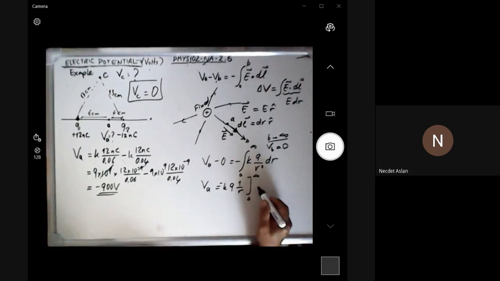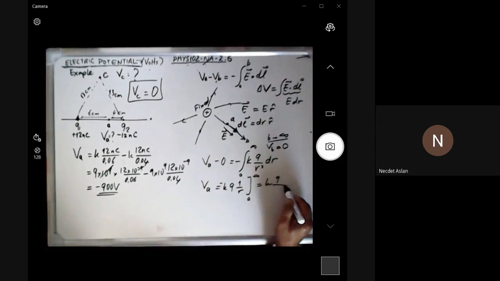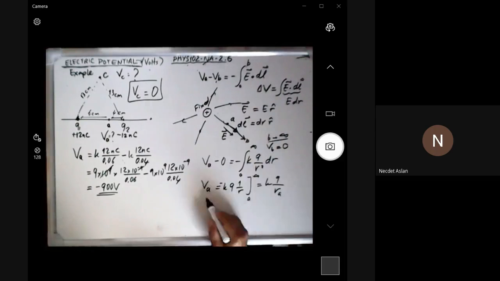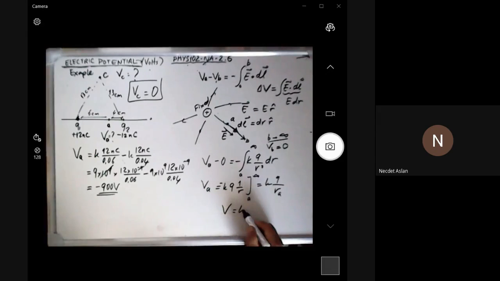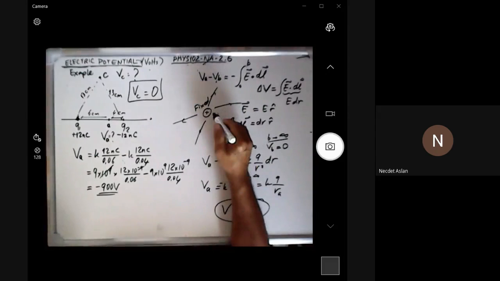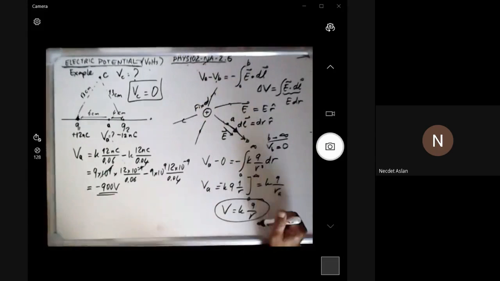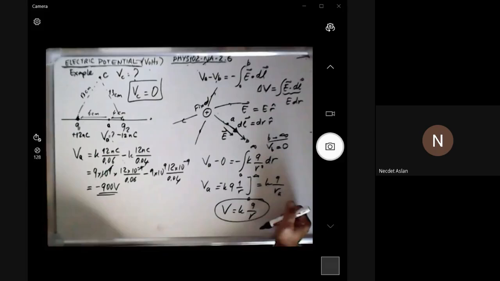But if we use infinity, 1 over infinity gives you 0, but the lower limit will give you 1 over r, so it will be just k q over rA, which shows that the potential is given by k q over r, if you are away from this fixed charge. So the potential is given by this expression.